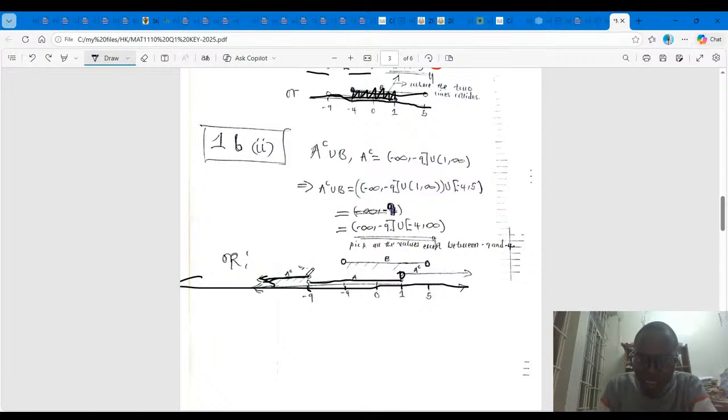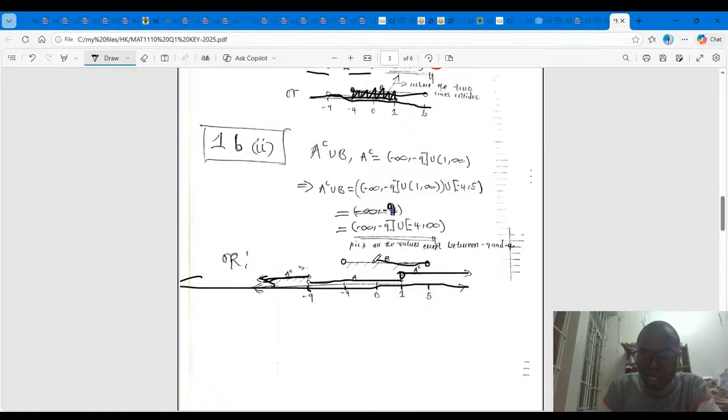If -9 is included in A, then it should not be included in A complement. So A complement here is what we are interested in because that is what is appearing there. Then the other set that you have is B. So this is B, excuse me.